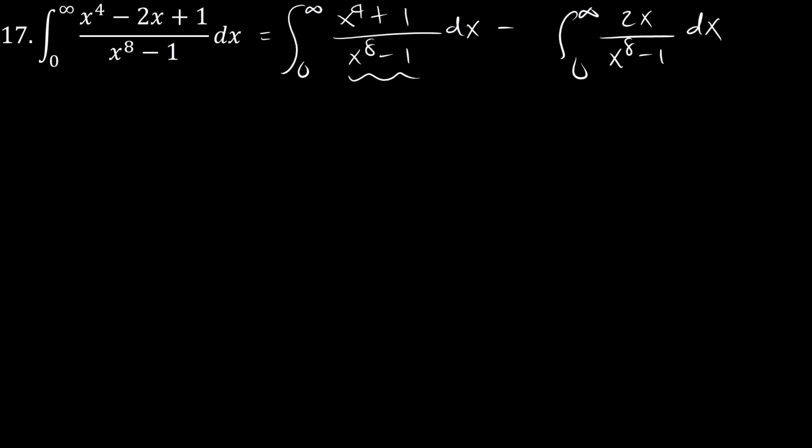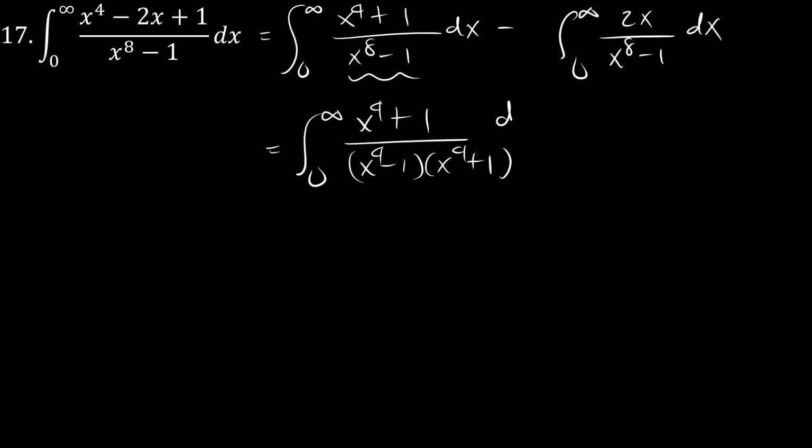Now, difference of two squares here, so we have x to the 4 plus 1 over x to the 4 minus 1 times x to the 4 plus 1, and as we can see, these cancel, minus the integral from 0 to infinity of 2x over x to the 8 minus 1 dx.